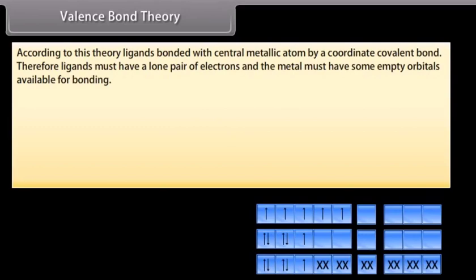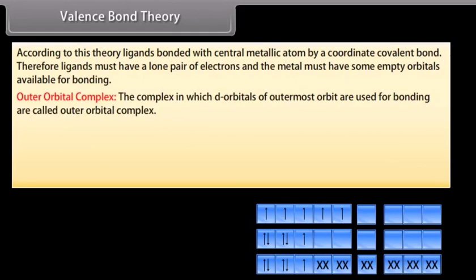According to this theory, ligands are bonded with central metallic atom by a coordinate covalent bond. Therefore, ligands must have a lone pair of electrons and the metal must have some empty orbitals available for bonding. For example, the formation of K4[Mn(CN)6] can be explained on the basis of valence bond theory.